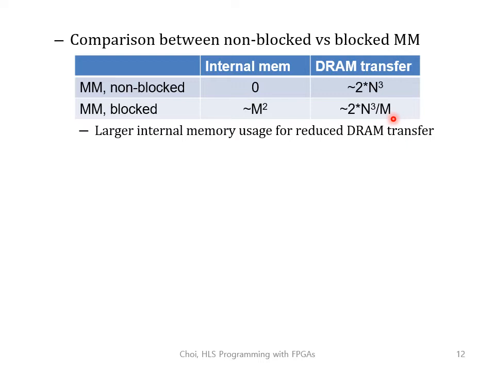So if we reduce it with the blocked matrix multiplication, we'll almost always improve the performance. And also keep in mind that depending on the internal memory you have on the FPGA, you could move the trade-off point by adjusting m. That's the size of the block.